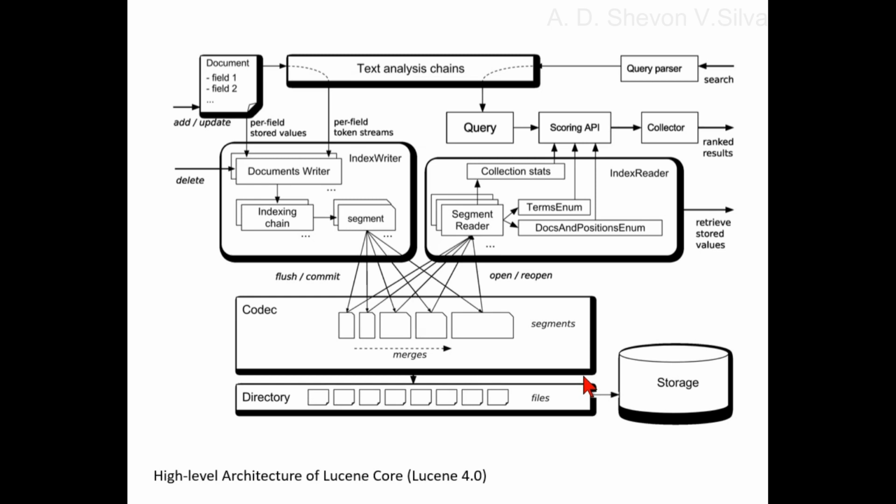The 4D view of inverted index. The codec API represents the inverted index data as a logical four-dimensional table that can be traversed using enumerators. The dimensions are field, term, document, and position.